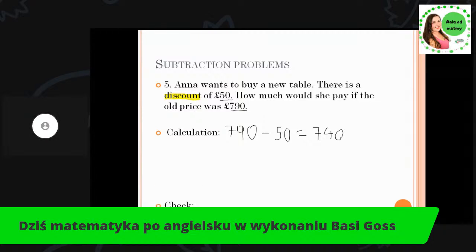And what would be the check? Remember, to check subtraction, we use addition. So going back, 740 plus 50 is 790.